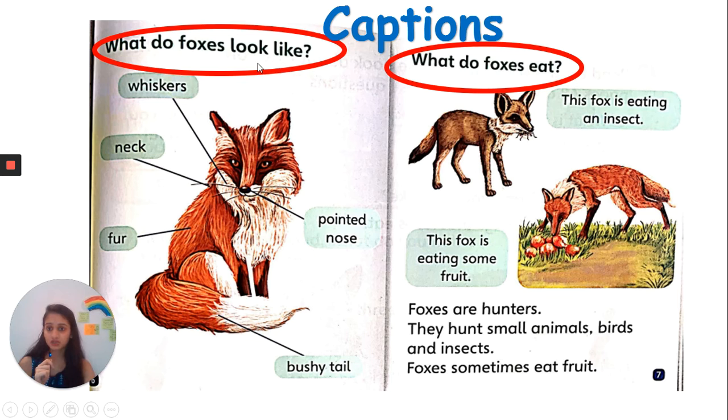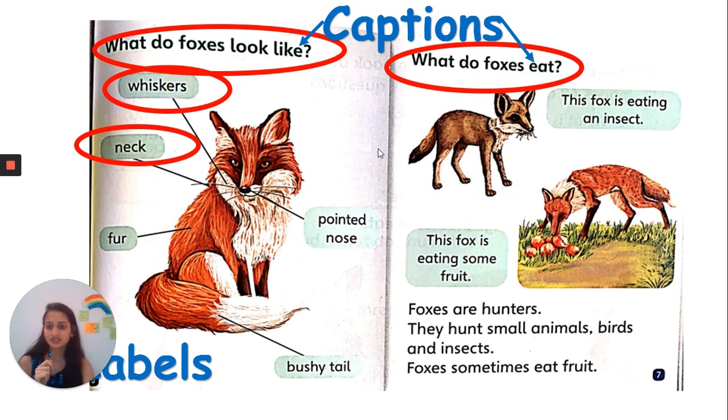So this page, what do foxes look like, is going to tell me all about how a fox looks. And this page, what do foxes eat? What do you think? It's going to tell me all about what a fox eats. So these two are called captions. They are just like tiny titles that are going to tell me something more on that page. Okay. Now, labels. What are the labels here? Can you point out to some of them? They've labeled the fox.